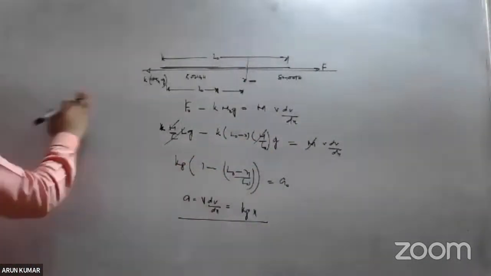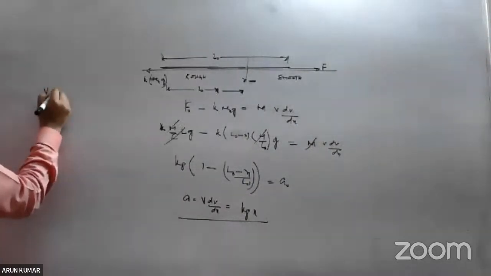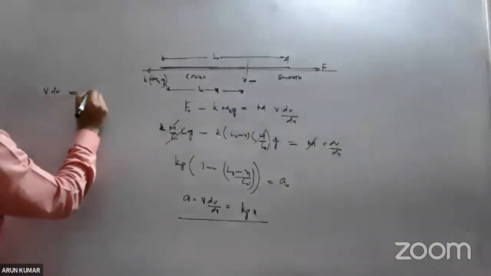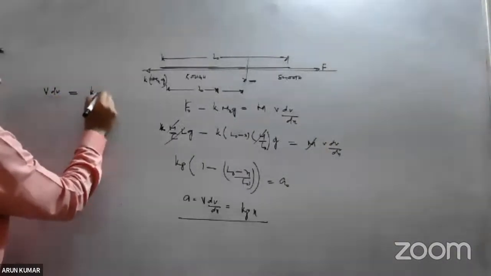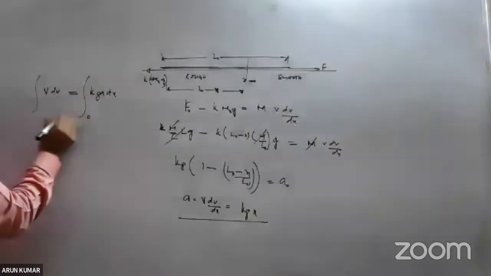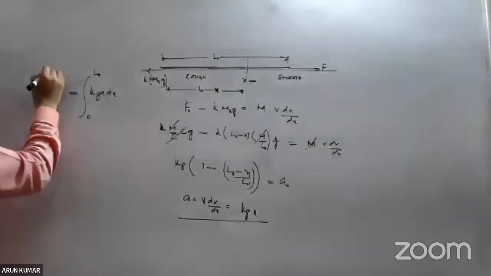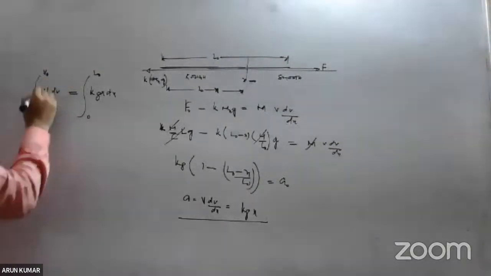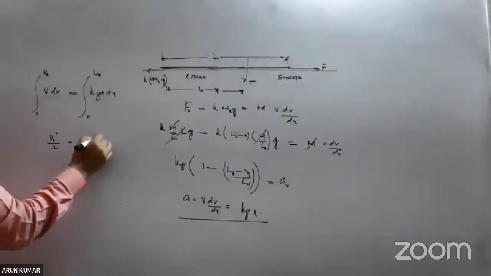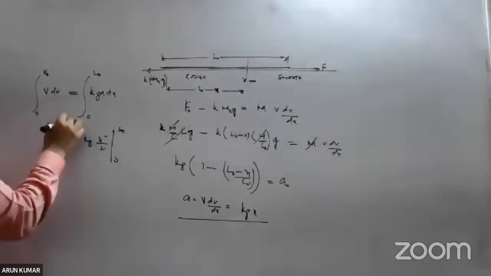I'll now integrate. v dv is equal to mu g x dx. I integrate it. When x is 0, velocity is 0. When it is L naught, velocity is v naught. So v naught square by 2 is equal to mu g x square by 2 from limit 0 to L, and v from limit 0 to v naught.